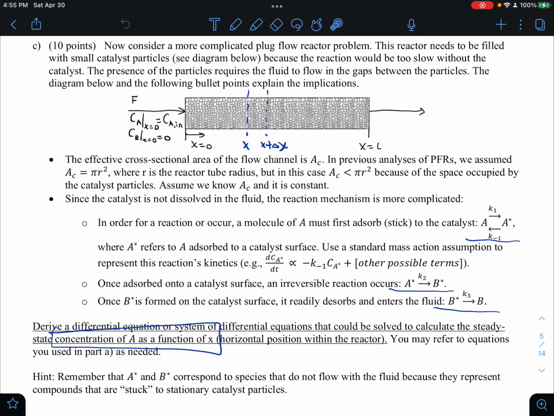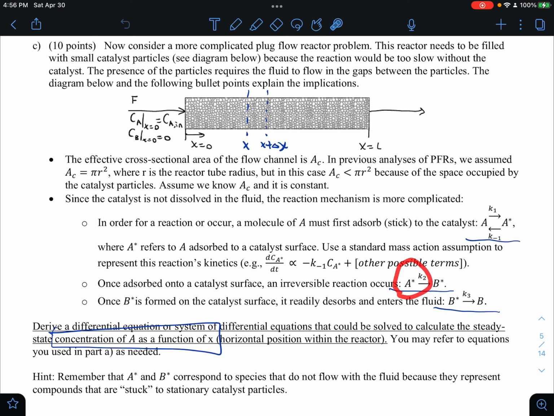The reaction kinetics have changed. So now A goes to A star. A star is stuck to the catalyst surface, so it actually does not flow with the fluid, but we should still treat it using basic mass action formulas. Again, that's not totally accurate in reality, but I'll let your kinetics professor go into more detail in future classes.